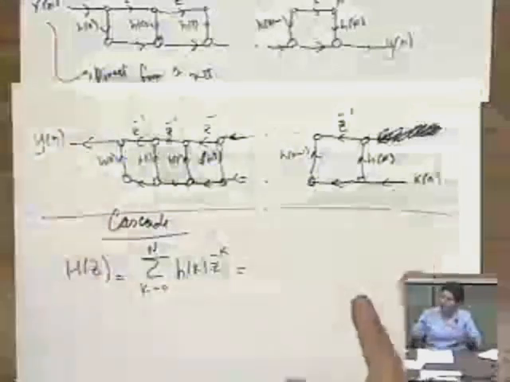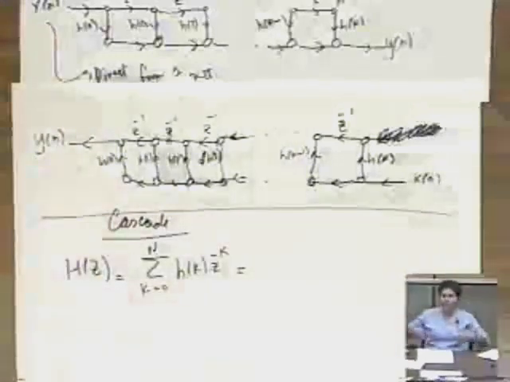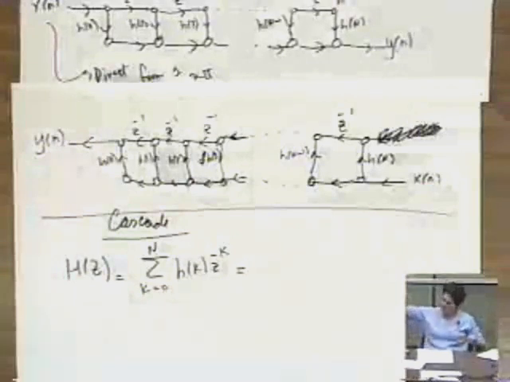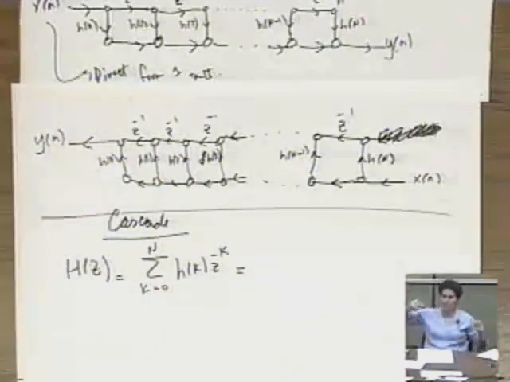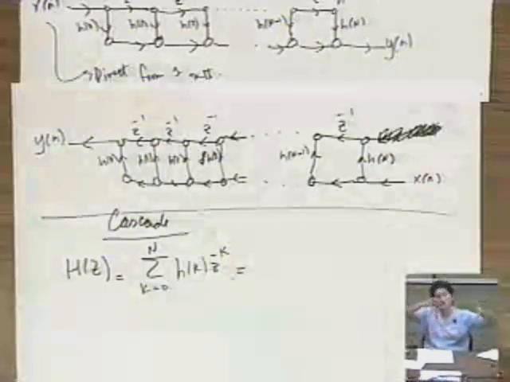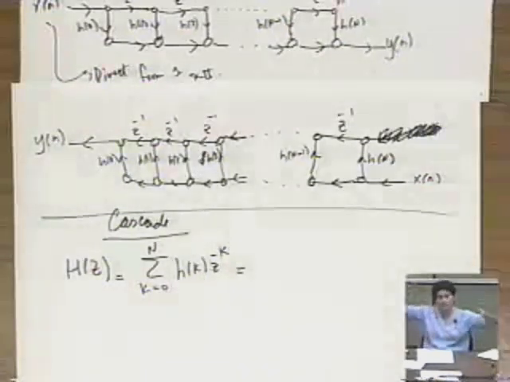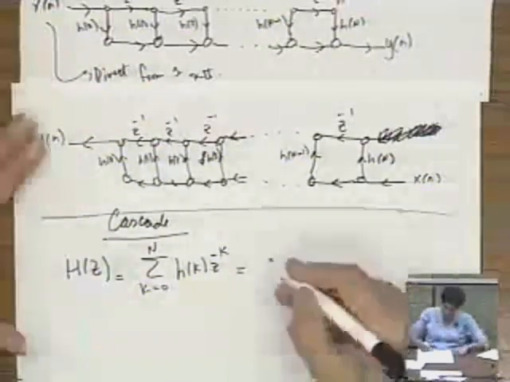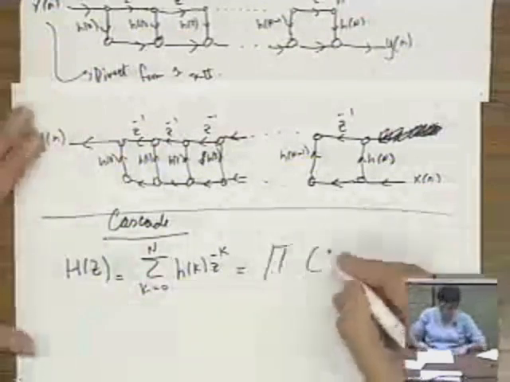Remember, this is a polynomial of order N, and we are assuming h of k are real coefficients, and if they are real, the roots are either real or complex conjugate pairs. If a complex conjugate pair, you get a second-order polynomial. If real, you get a first-order polynomial. But for simplicity, I'm just going to write second-order polynomials and assume that the first-order polynomial is a special case of a second-order polynomial when the coefficient of the second-order term is 0.